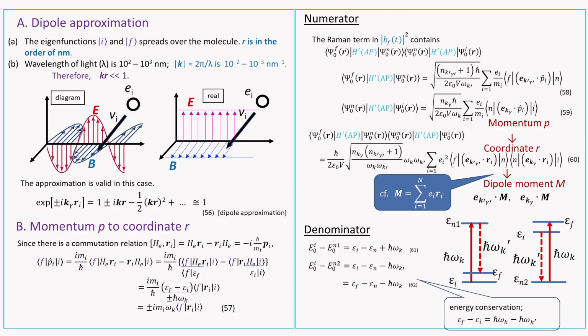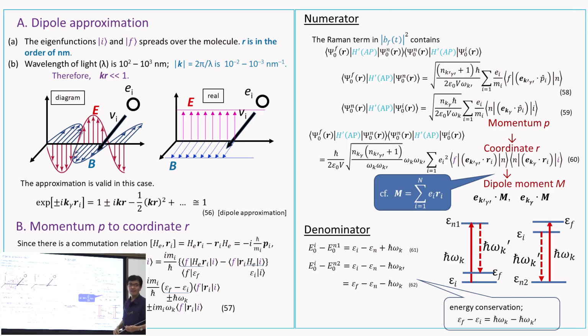So we can expect that the size of the wave function is nearly the same order as the size of the molecule, small. It's a function of R, the position vector, and the size of the molecule is in the order of a nanometer or 0.1 nanometer, small.